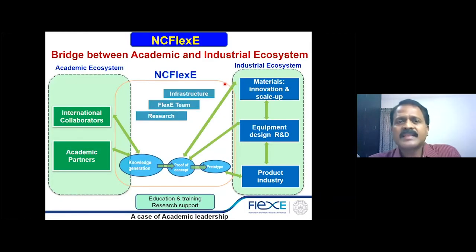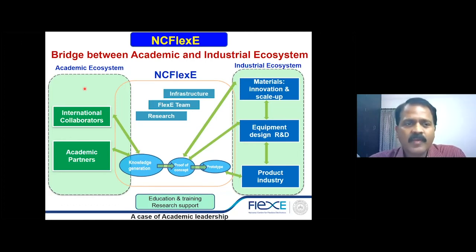Now, this slide tells us the philosophy of this center. This center serves as a bridge between the academic ecosystem and the industrial ecosystem. We have the academic ecosystem, and there are a lot of ideas, some of them very futuristic.